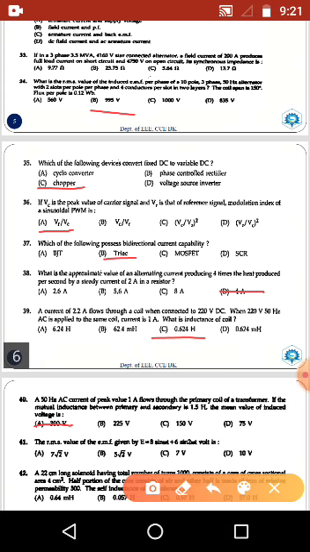First of all, find the maximum value of this voltage, that will be root of 8 square plus 6 square, that is 10 volt, and the RMS value will be maximum by root 2, that is 5 root 2, option number B.